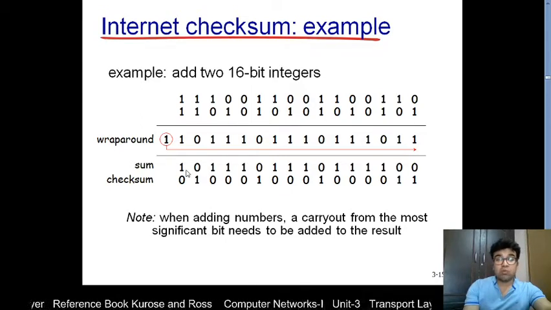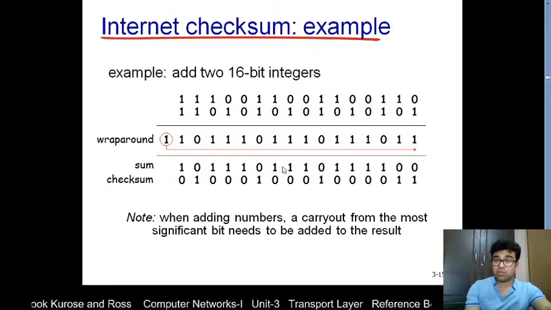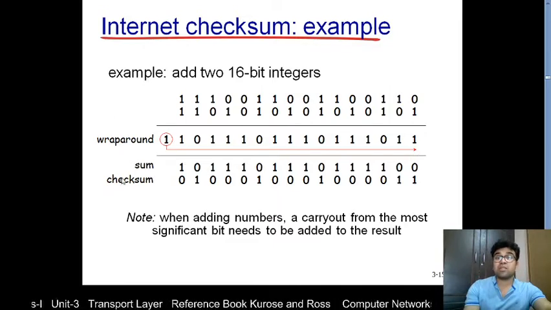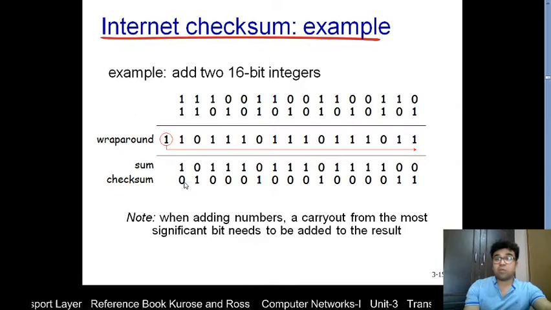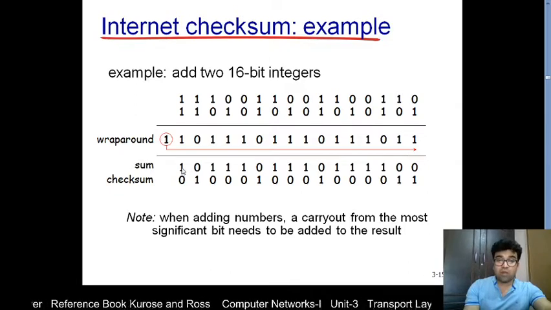You need to take ones complement of this particular sum which you see over here, and that ones complement of the result of sum will become the checksum at the client side. And ones complement is nothing, all you need to do is convert all ones into zeros and all zeros into ones.